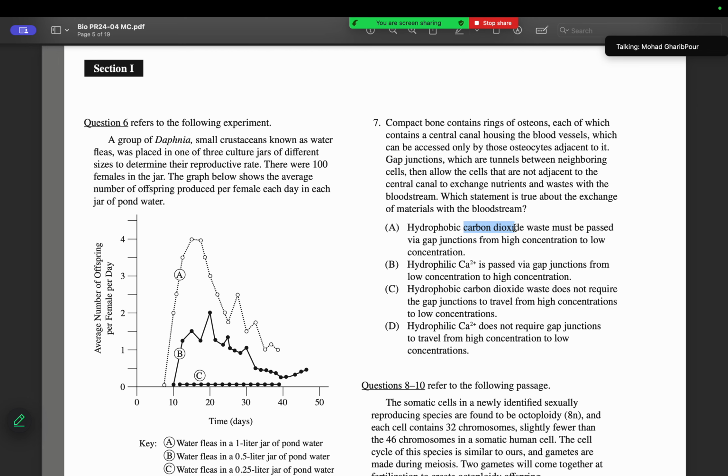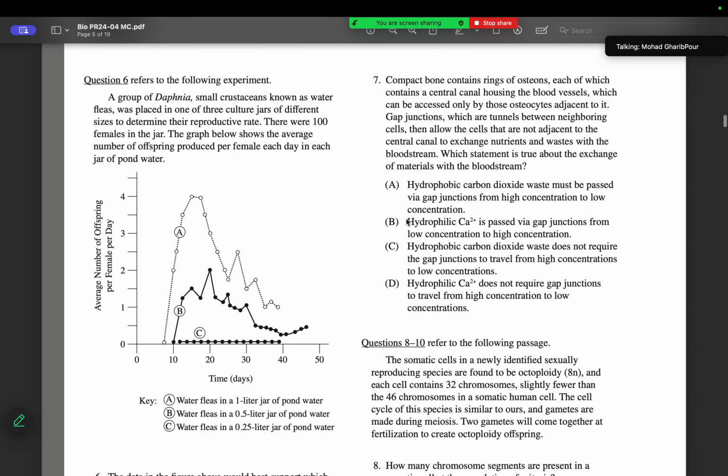Since carbon dioxide we know can pass through the membrane, it doesn't have to be passed via gap junctions. Okay, so it's not A.